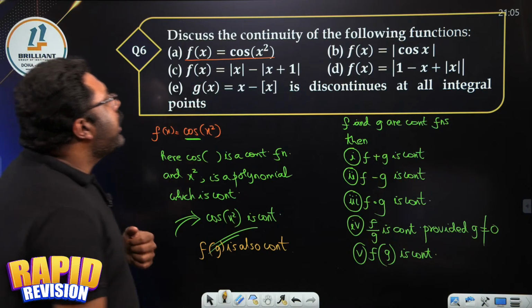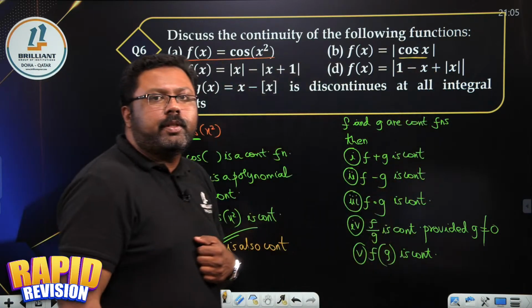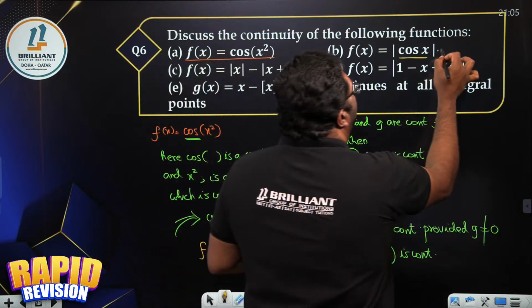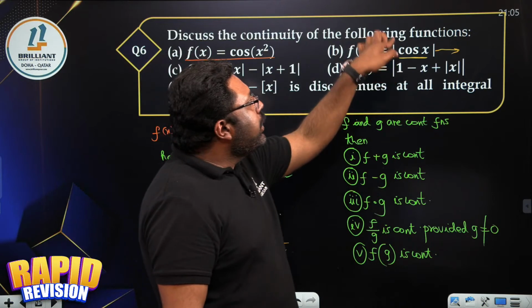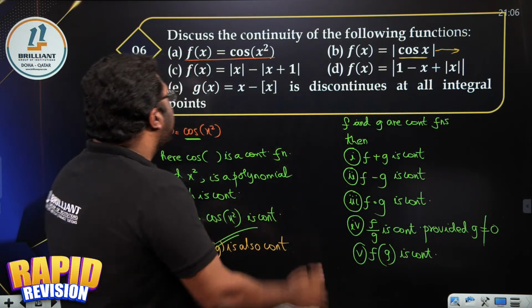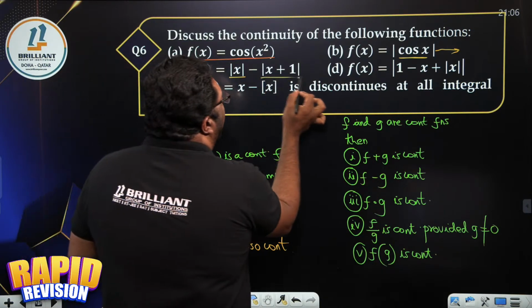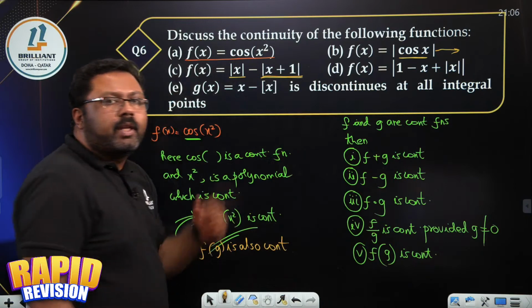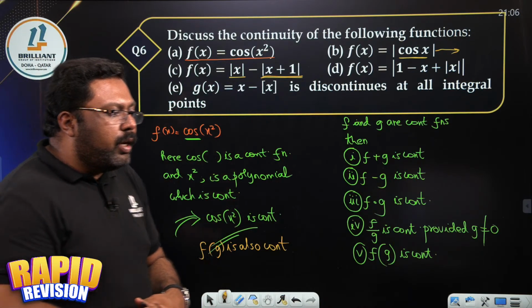Now you can just look at it one by one. Cos x, continuous. Modulus is always continuous. Continuous function inside a continuous function, continuous. Now again, mod x, continuous. Mod x plus 1, continuous. The explanation for this is given in the MCQ discussion, my dear students.